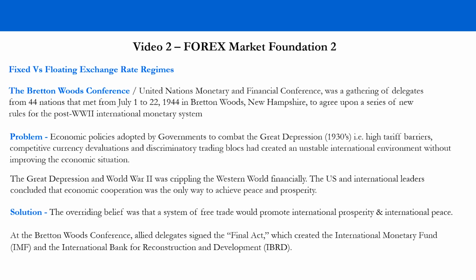This was counterintuitive, because high tariff barriers, for example, is when a country puts up tariffs on foreign goods for importers mainly, and that makes foreign goods more expensive relative to domestic goods. And that actually stops or hinders trade.